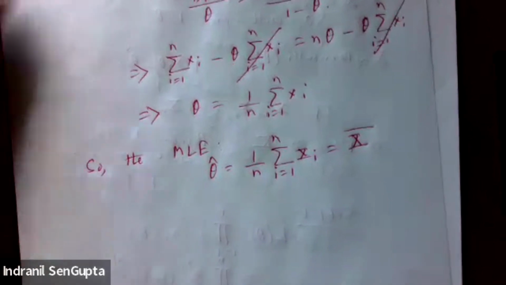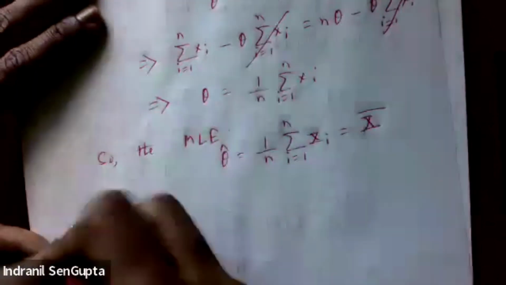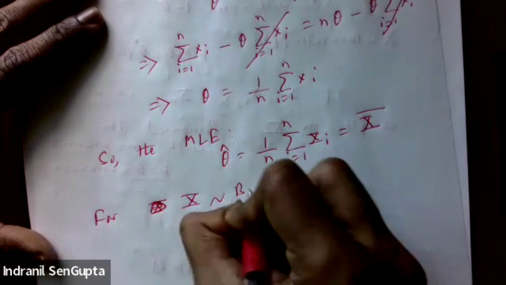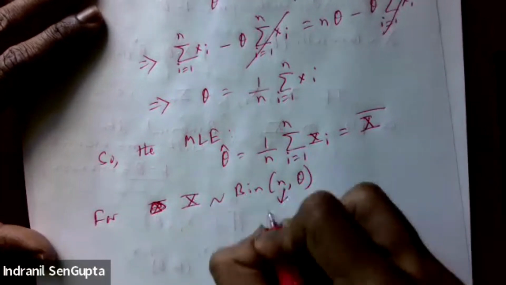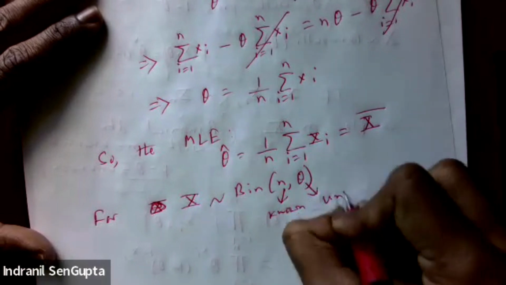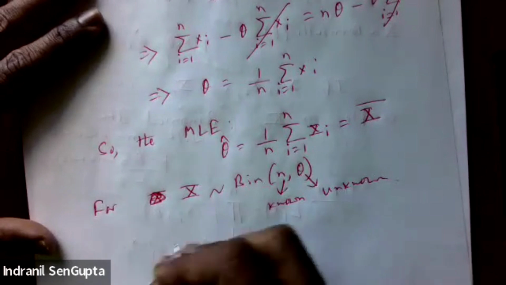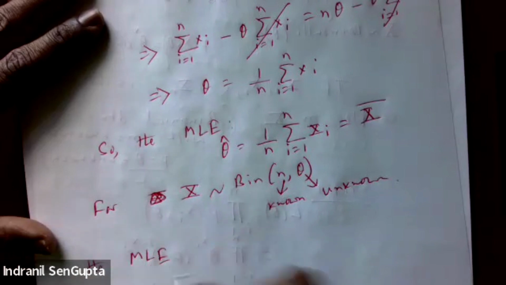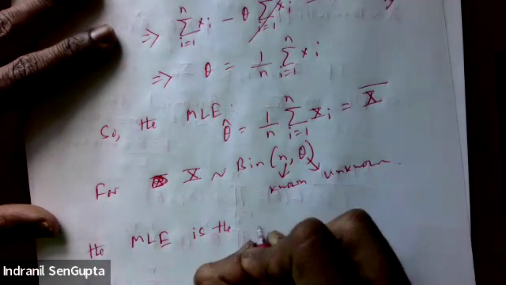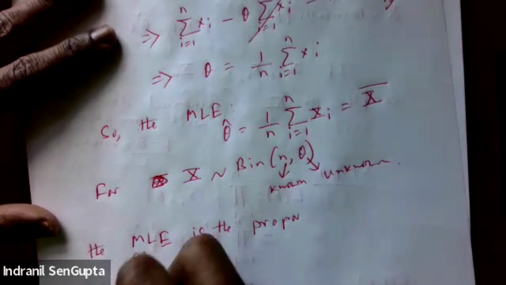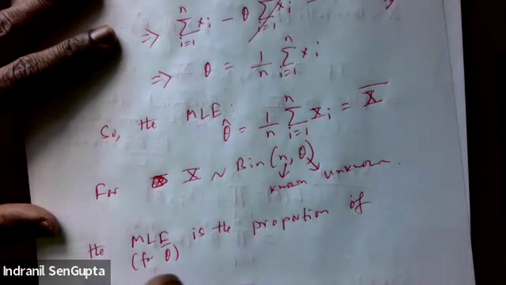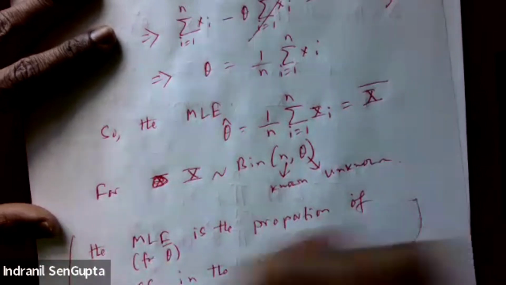So for the case of the binomial distribution, for X satisfying binomial n theta, where n is known and theta is unknown, the maximum likelihood estimator for theta is the proportion of successes in the n trials. Please note this very carefully.